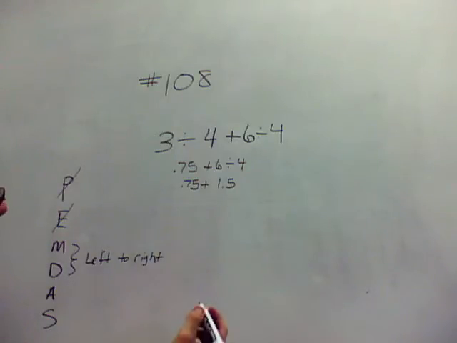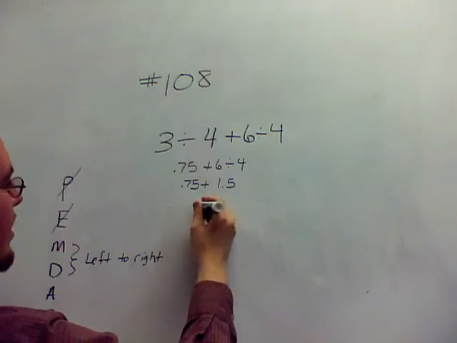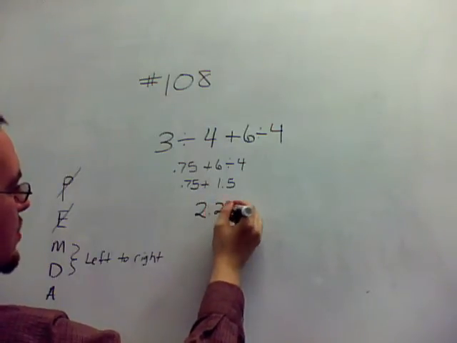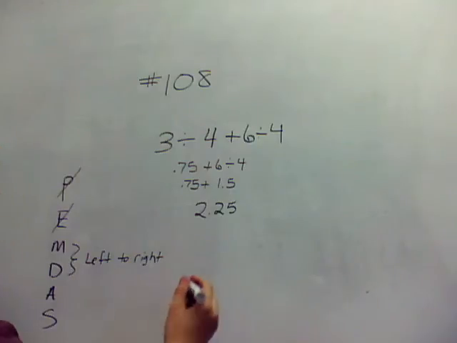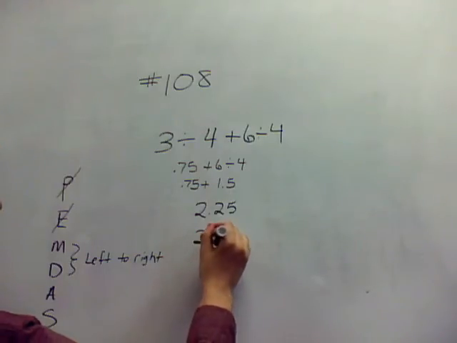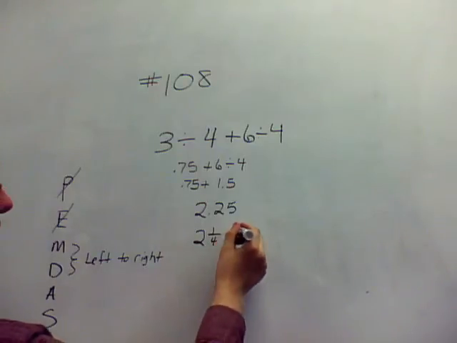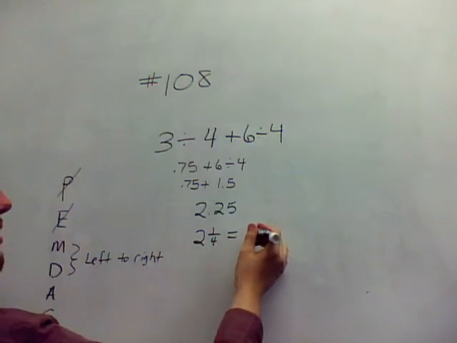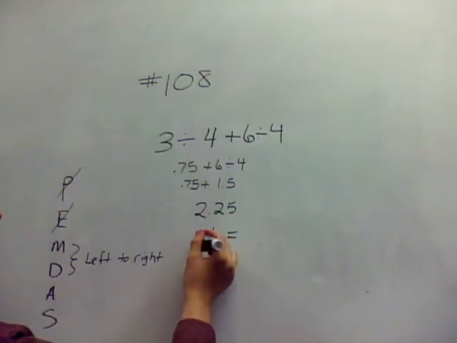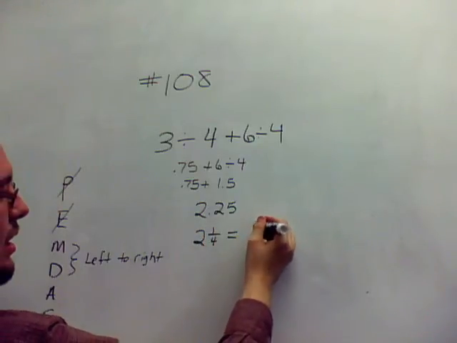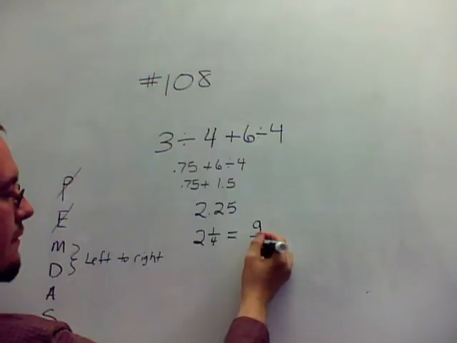Get out your calculators if you need to. But it's 2.25. Well, 2.25 is the same as 2 1/4. 2 1/4 as an improper fraction is 4 times 2 plus 1, 9/4.